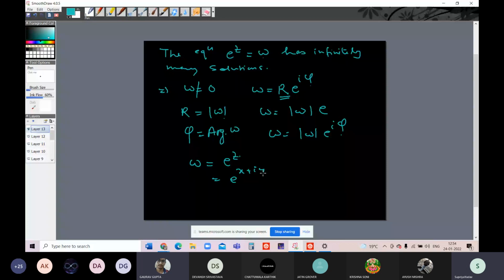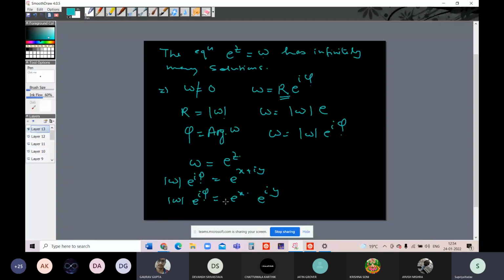So exponential x e to the power iy equals mod of w e to the power i phi. Comparing the real and imaginary parts of these two, because these two are equal, their real and imaginary parts are also equal.